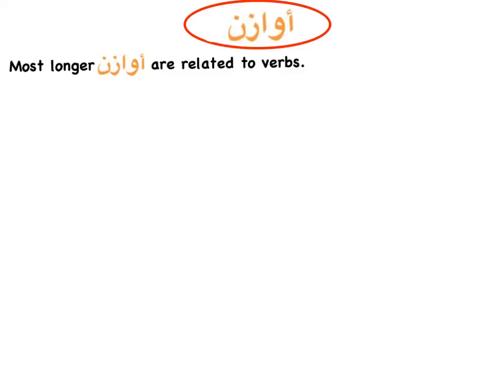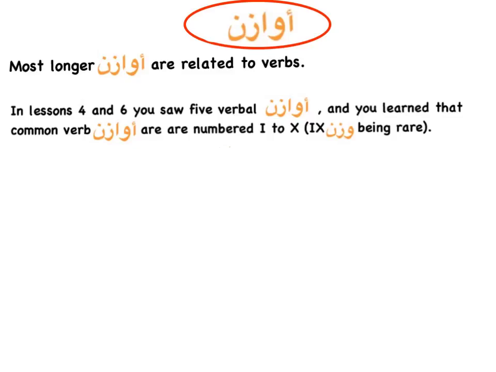More on أوزان, patterns, and most longer أوزان are related to verbs. In lessons 4 and 6 you saw 5 verbal أوزان, remember? And you learned that common verb أوزان are numbered 1 to 10, 9 being the rarest وزن.